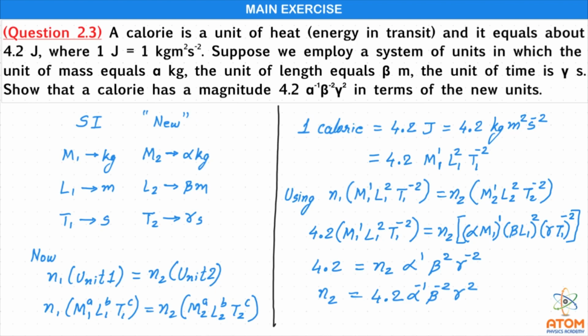Here it is said that show that the calorie has a magnitude 4.2 alpha raised to minus 1, beta raised to minus 2, gamma raised to 2 in terms of the new units. So this is our final answer, that the magnitude N2 is 4.2 alpha raised to minus 1, beta raised to minus 2 and gamma raised to 2.